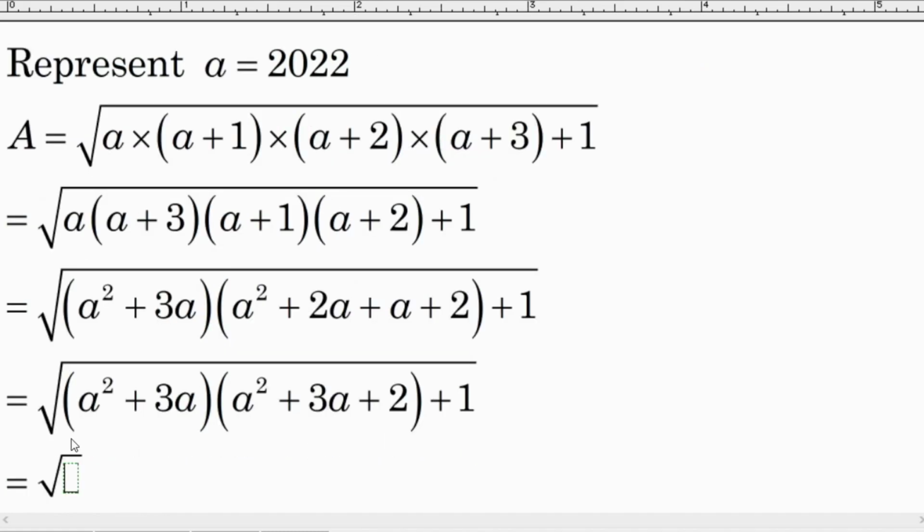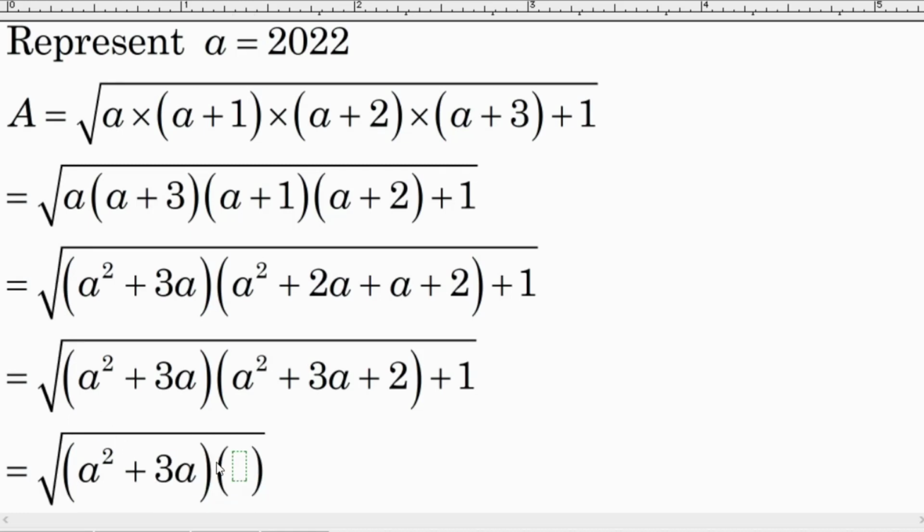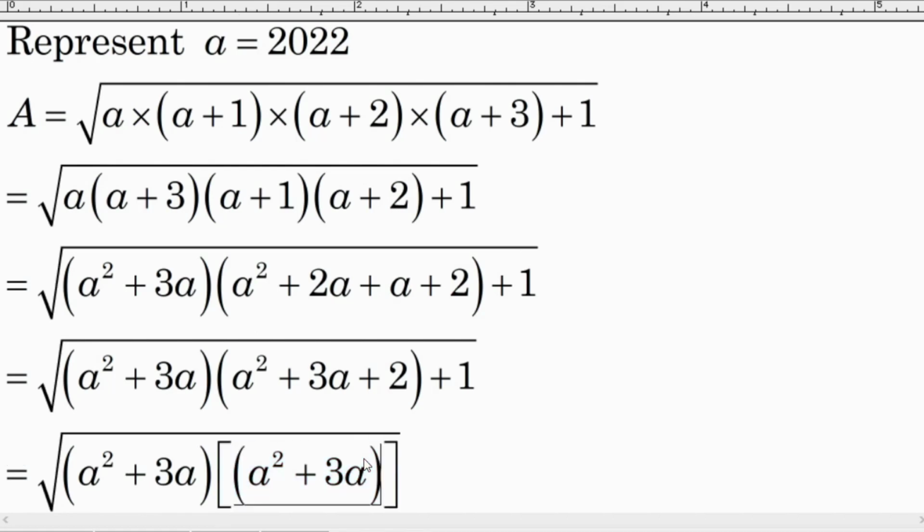Equal to the square root of. Now we can take a square plus 3a to make it one term, and put it in brackets, and then plus 2. This part is still the same, it doesn't change, but we just want to take these two terms to make one term.